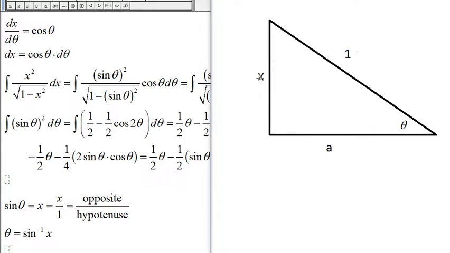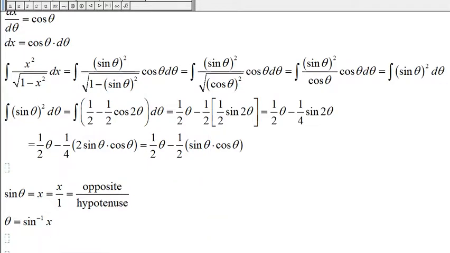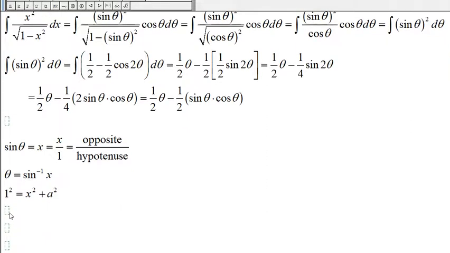So we have x squared plus a squared is equal to 1 squared, and then solve for a. a will be the square root of 1 minus x squared.